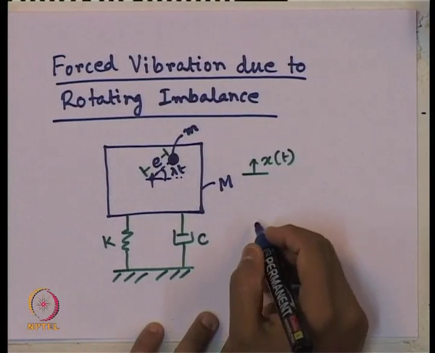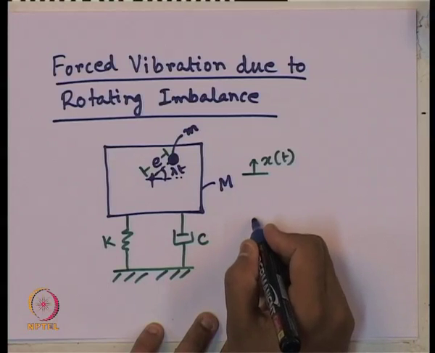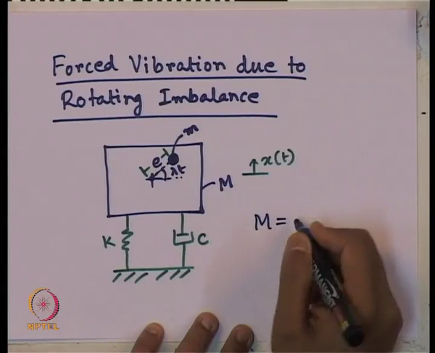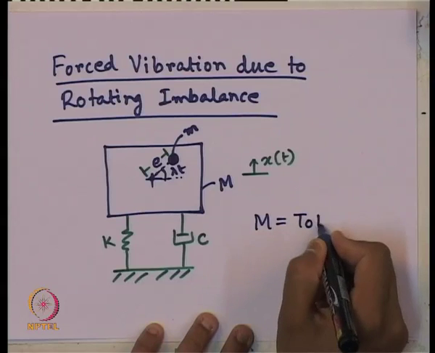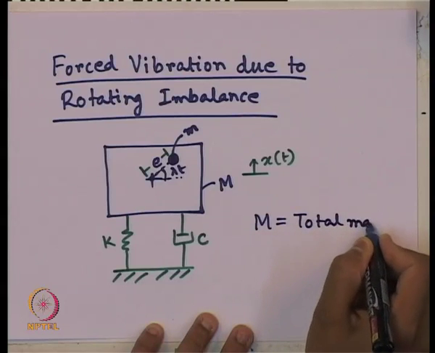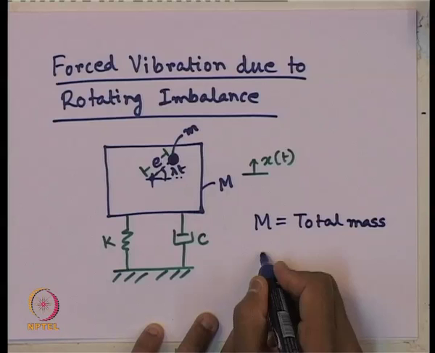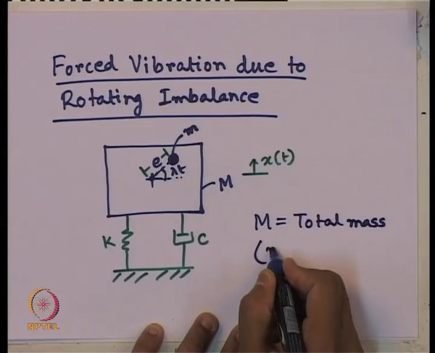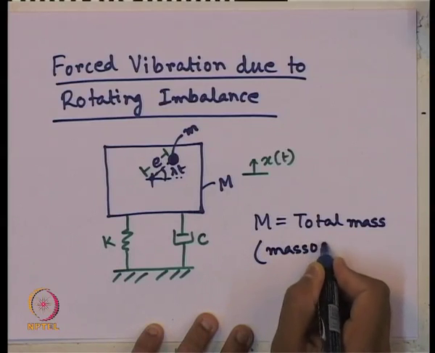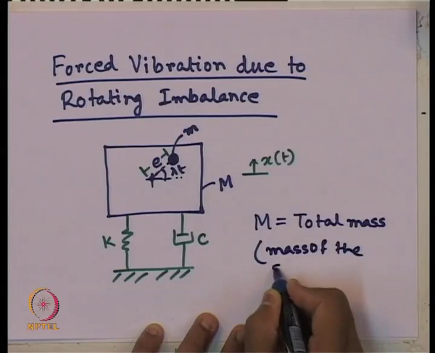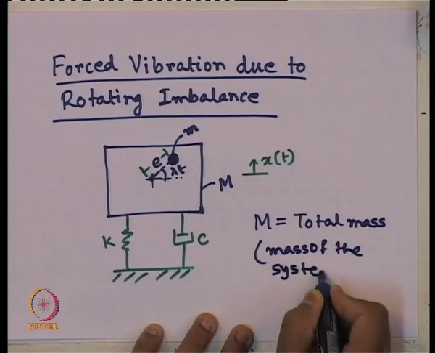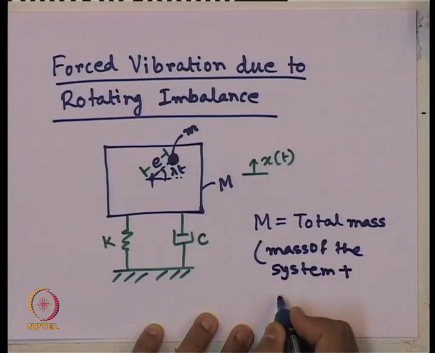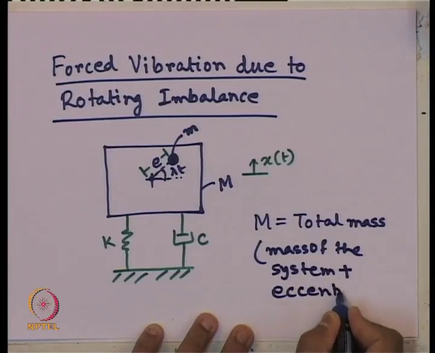And what we said, capital M is the total mass of the system, that is mass of the main system plus eccentric mass.